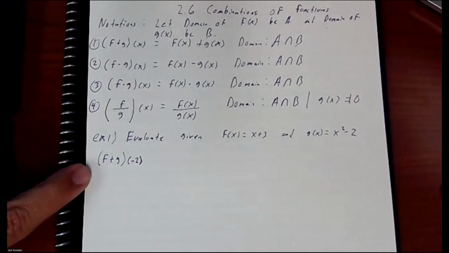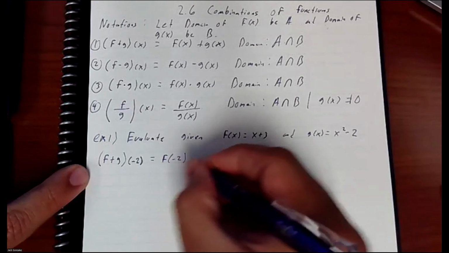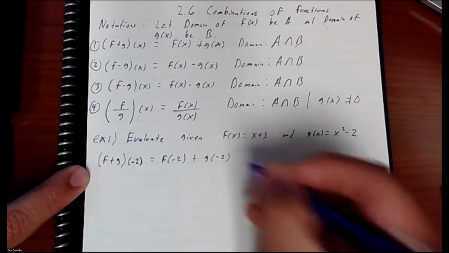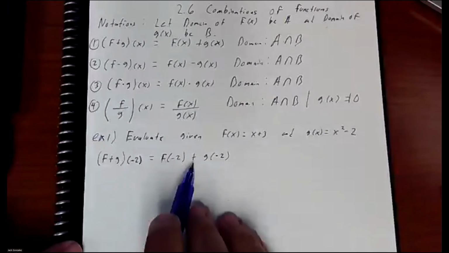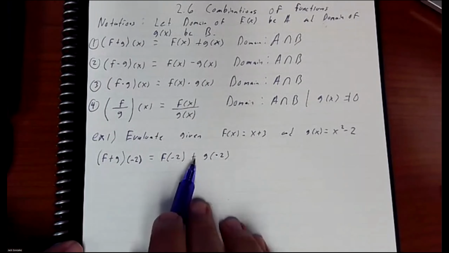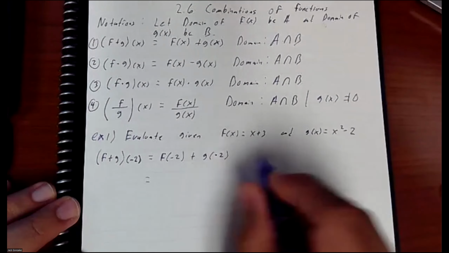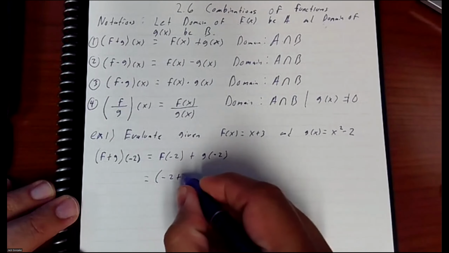So all this means is plug it into both, right? No big deal. If it was times, you'd have a times here. If you have a minus, you'd have a minus. So nothing crazy. So f of -2 would simply be -2 plus 3.